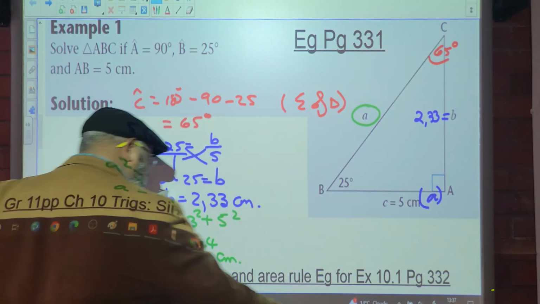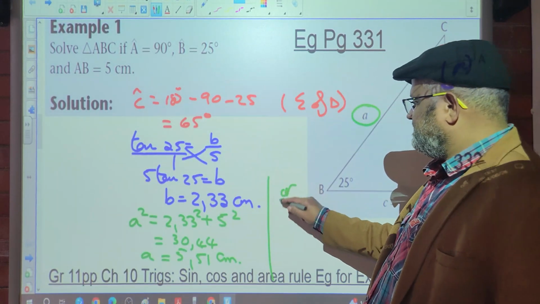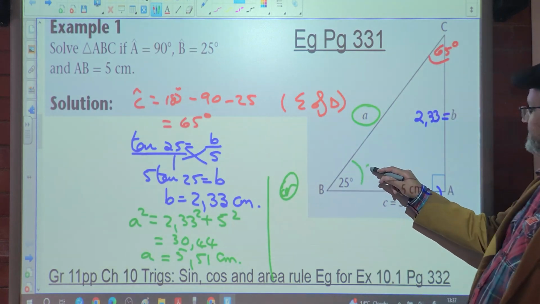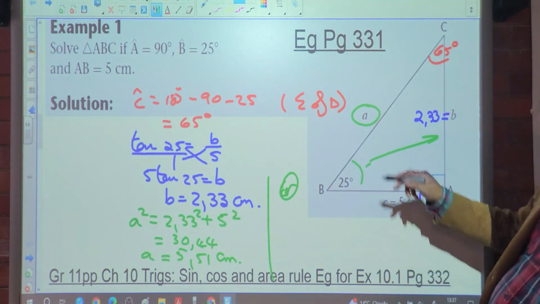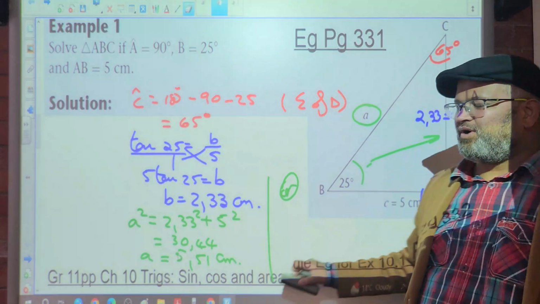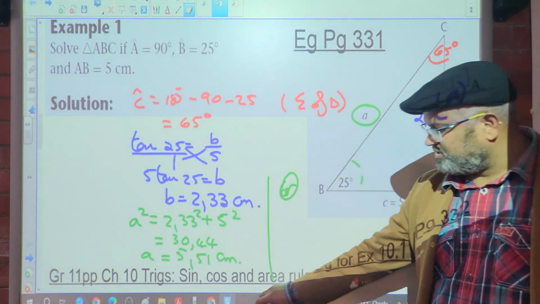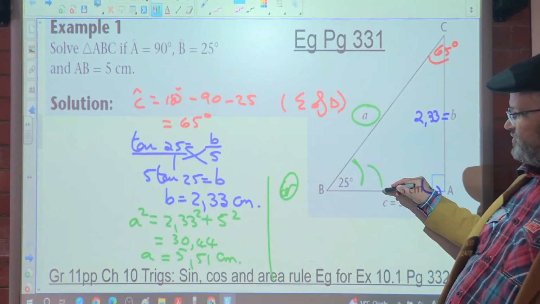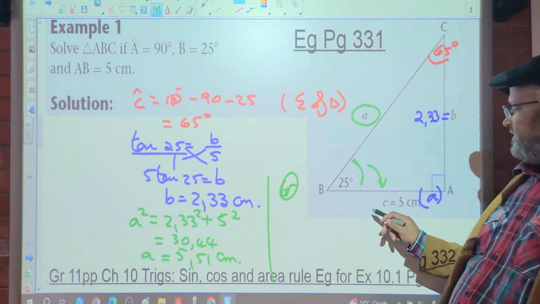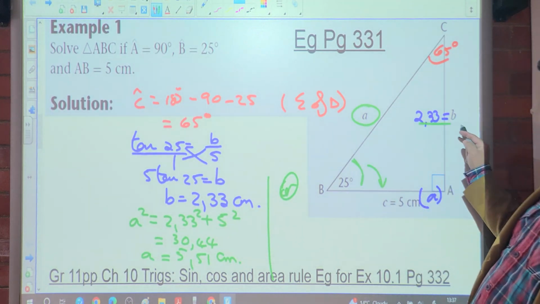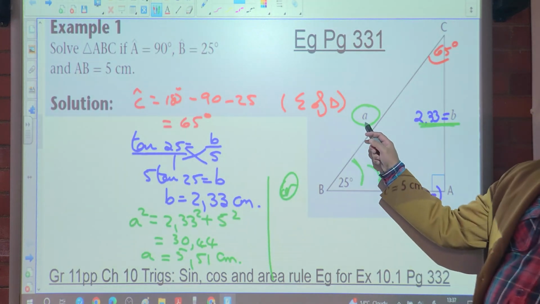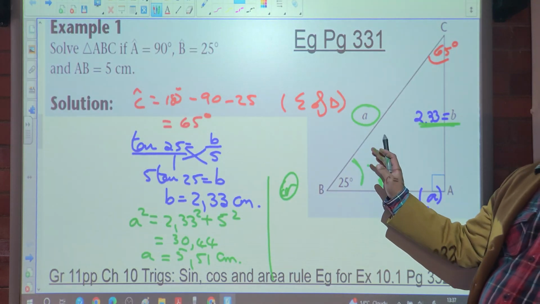Otherwise, if you had used sine, so sine is opposite and hypotenuse, or I could have used cos. Cos is adjacent over hypotenuse. I'm going to rather use cos because if I had made a mistake there, you would have filtered into this answer here as well. You understand?